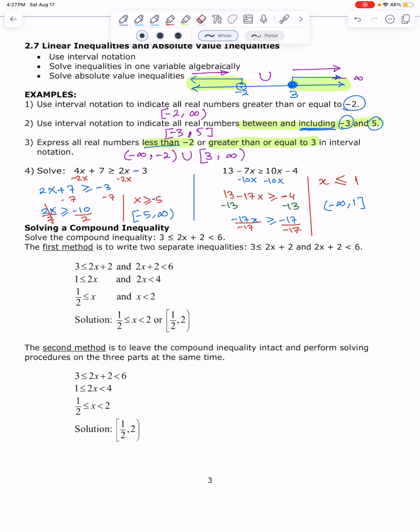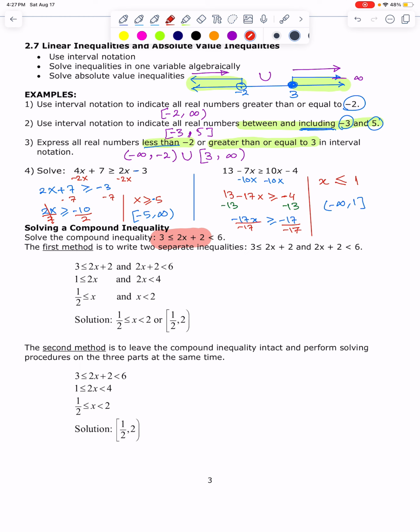The first method is to break it down into two separate inequalities, solve them individually, and then combine the answers at the end. What I mean is, first you're going to focus on, let's say, the left side of the inequality.